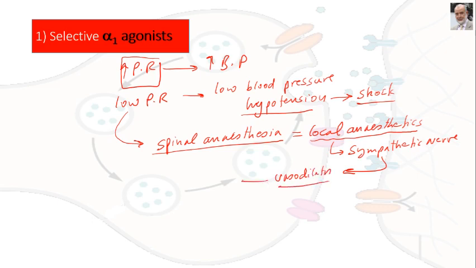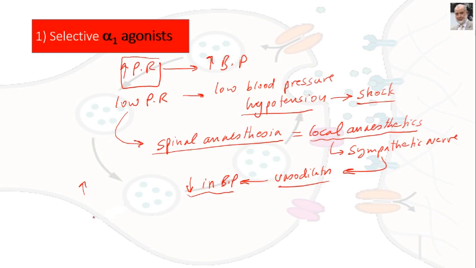The vasodilatation will result in a decrease in blood pressure. So this is one of the clinical applications. It is used to increase blood pressure in cases of low peripheral resistance and the use of local anesthetic. This is very commonly used.